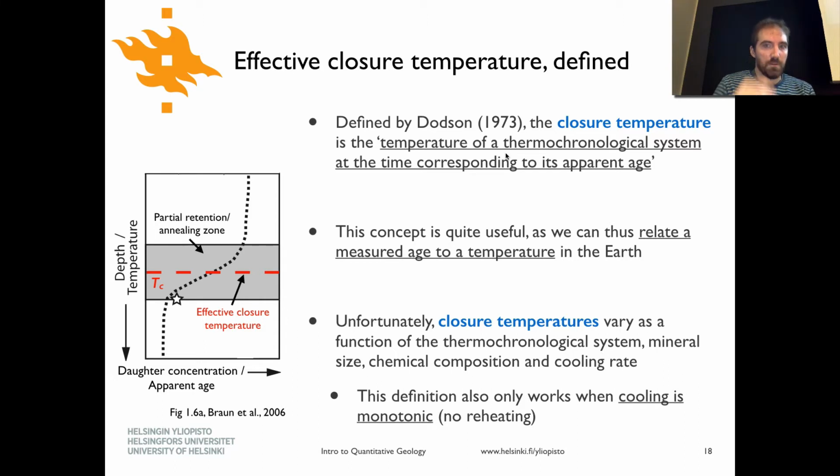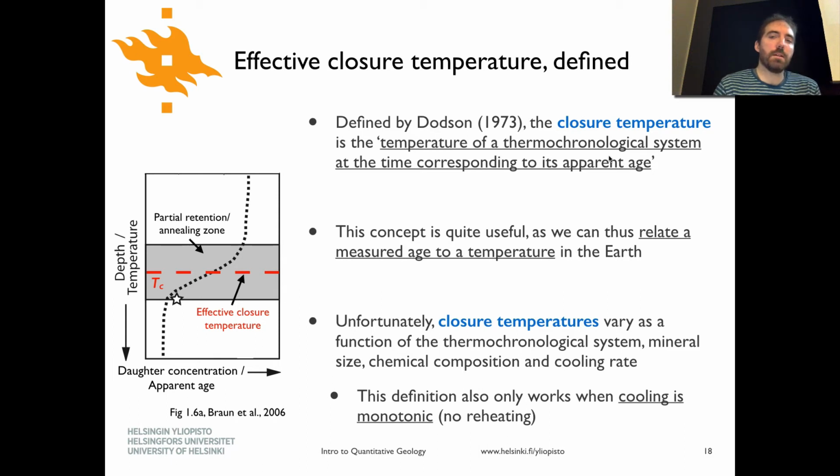So it's a term that was defined in a paper in the 70s as the temperature of a thermochronological system at the time corresponding to its apparent age. And when I was a student, I read this sentence dozens of times, and it never really made a lot of sense to me.